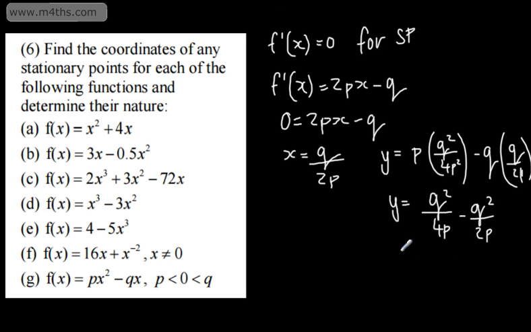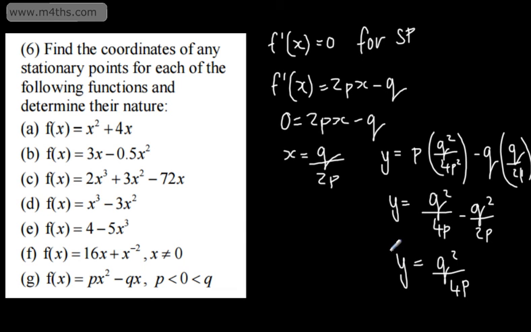So just looking at that, the y-coordinate looks like it's going to be minus q squared over 4p. Let's just check I've got all of that in there. 2px minus q, x is equal to q over 2p. Substituting that in, if we square that, q squared over 4p squared, that looks okay.